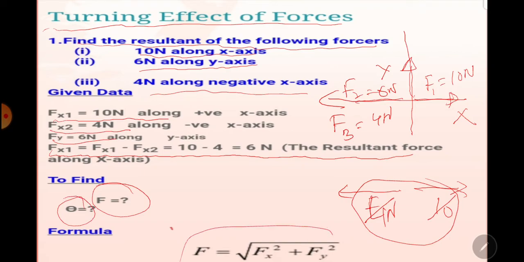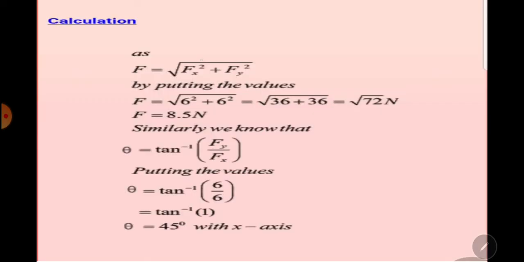This is the formula for the resultant vector which we did in the resolution of forces or vectors. So you will use this formula and calculate the magnitude. Fx is 6 Newton along the x-axis and along the y-axis the force is 6 Newton.